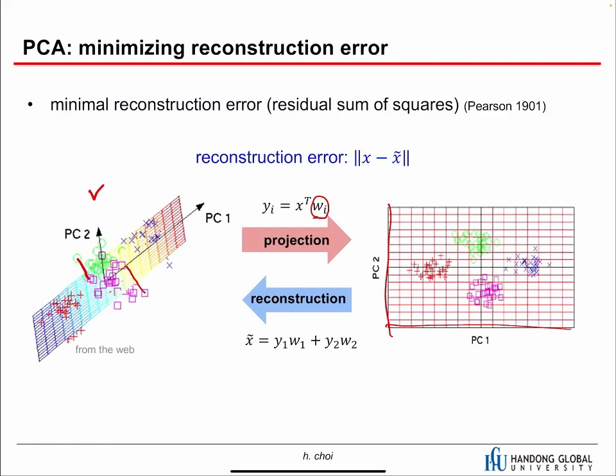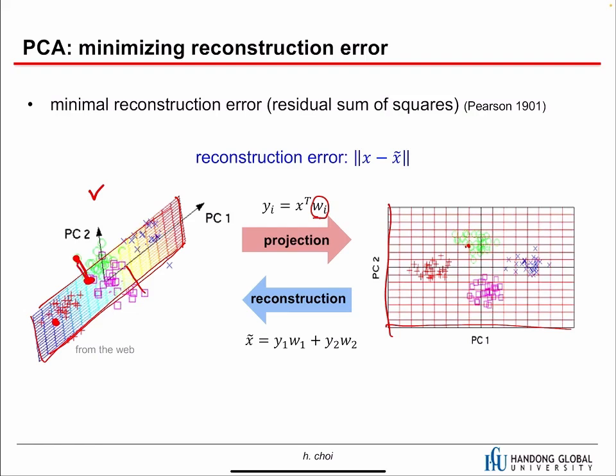If we have a sample right on this two-dimensional space in this three-dimensional space, if we have a sample on this kind of paper, then when we project and when we reconstruct, there's no reconstruction error. It's perfect. But if we have a sample like this, then when we project, this sample would be on this two-dimensional space as one point. Then when we reconstruct, this one will be around here. So we cannot go up actually.